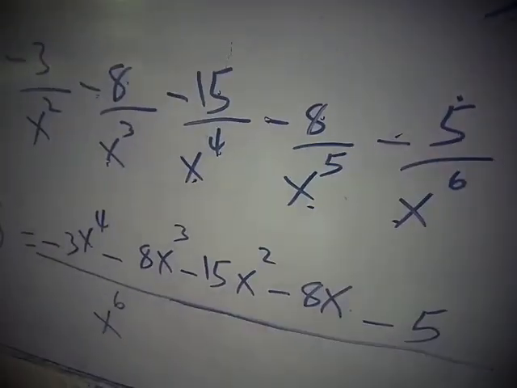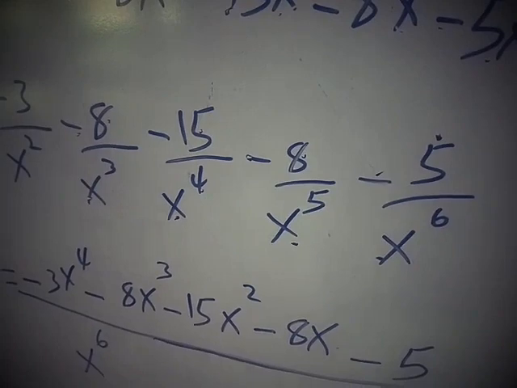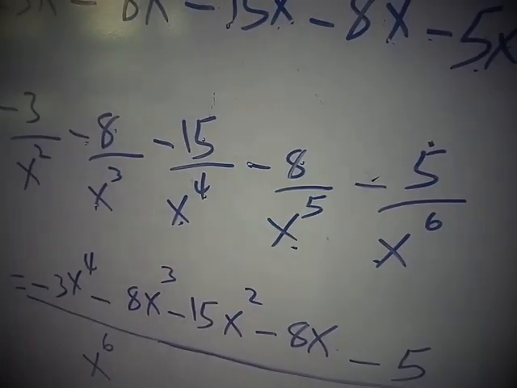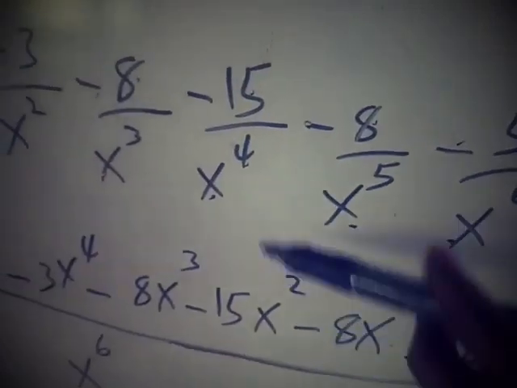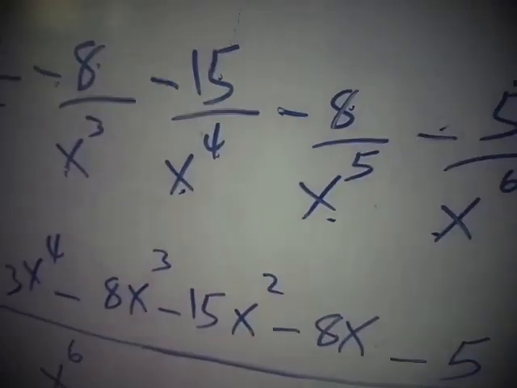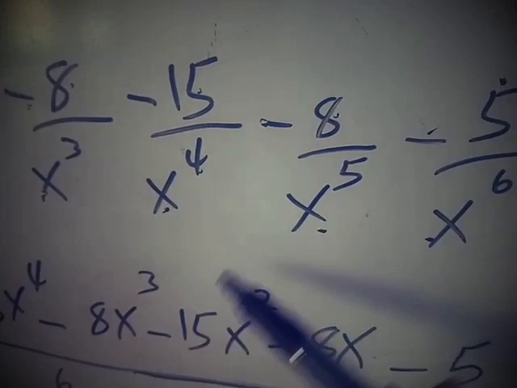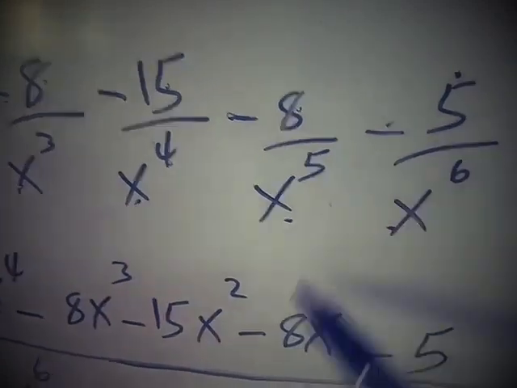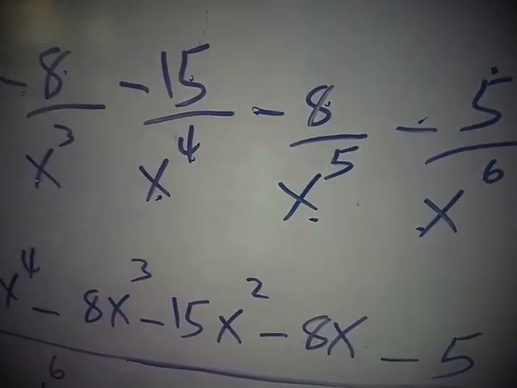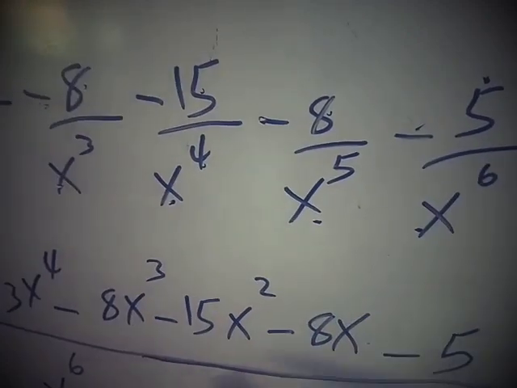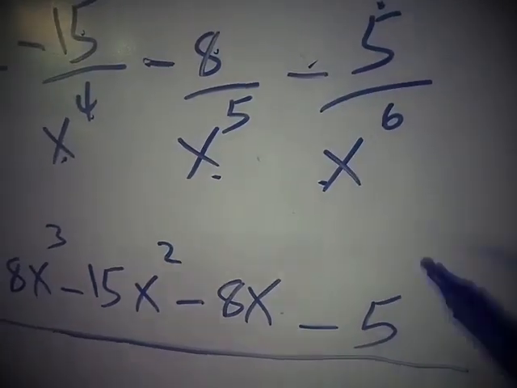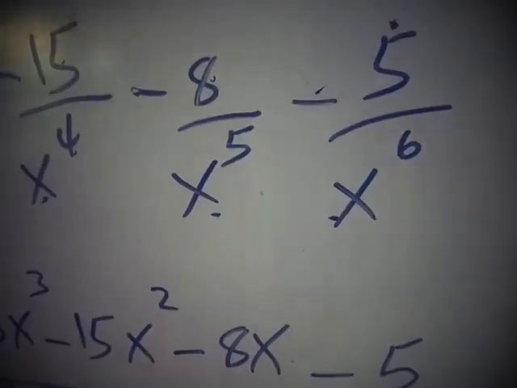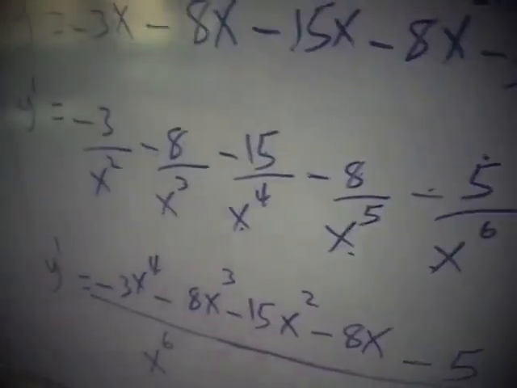The other bit is this x power 5. We are going to get 8 x power 1, because when you divide x power 1 with x power 6, you will be left with x power 5. Finally, the other part you will just be having -5, because x power 6 and x power 6 cancel out. So that is what you do.